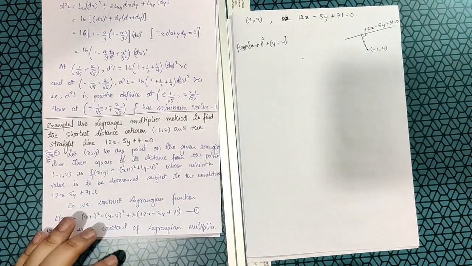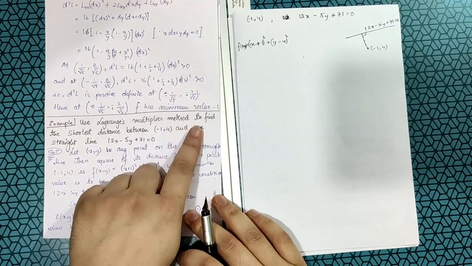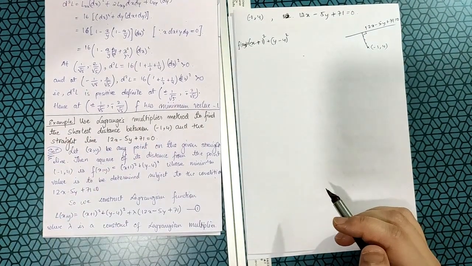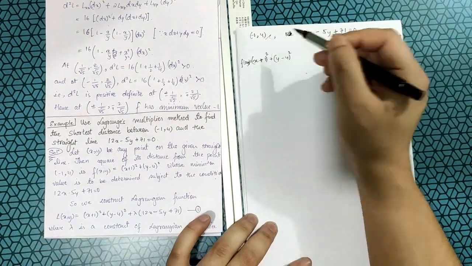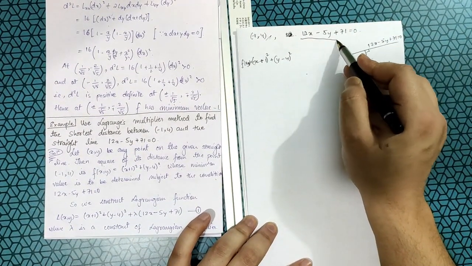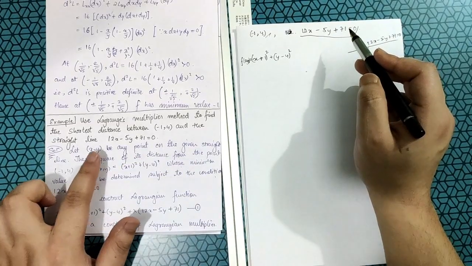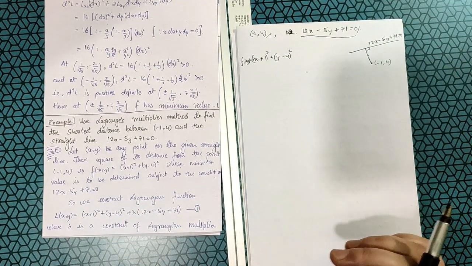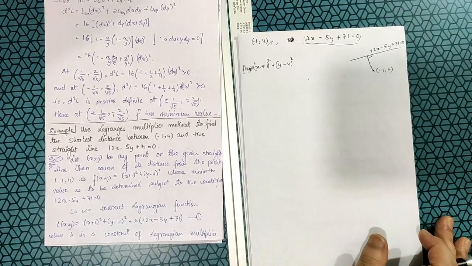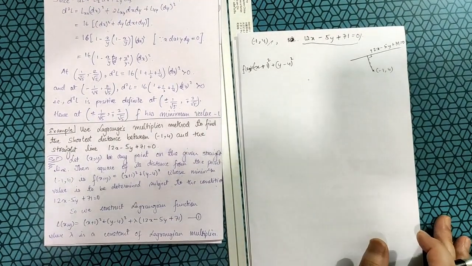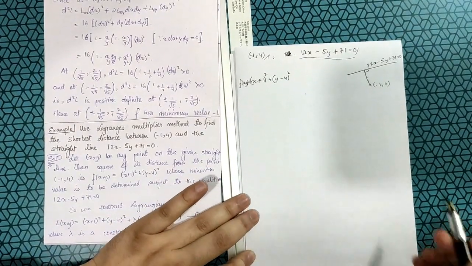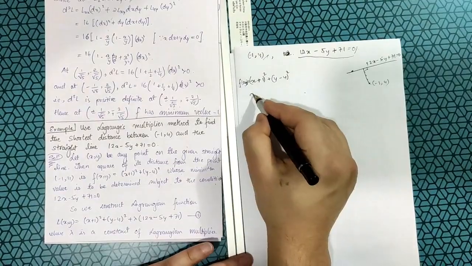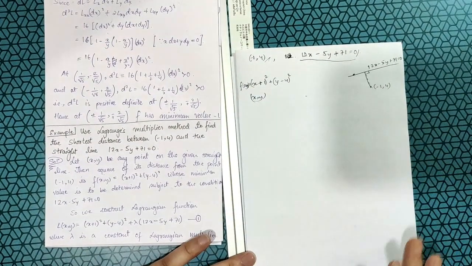Use Lagrange's multiplier method to find the shortest distance between the point minus 1, 4 and the straight line 12x minus 5y plus 71 is equal to 0. So we need to find the shortest distance between these, right? So first let us take any point on the straight line. Let x, y be any point on the straight line, right?